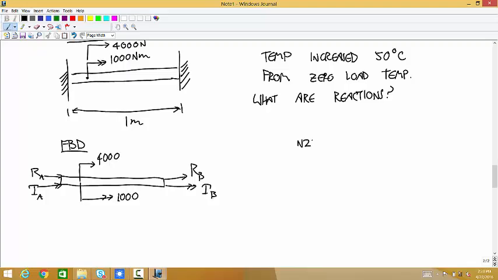So Newton's second law, we're only looking at the x components. That says RA plus 4,000 plus RB is equal to 0. So our first useful equation says RA plus RB is equal to negative 4,000.